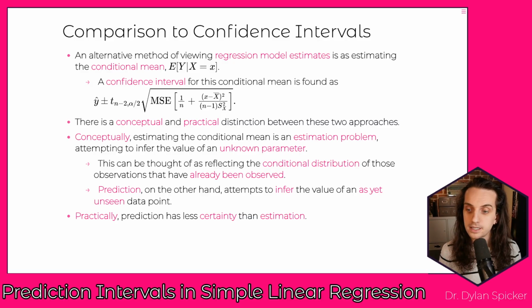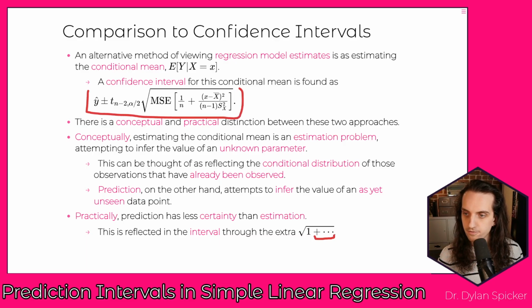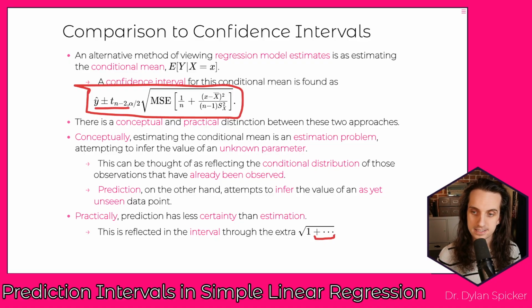Practically, there's going to be less certainty when we're doing prediction than when we're doing estimation. The way that we can see this is that in our prediction interval, we have this 1 plus term. What is the actual difference in the formula? The first component, y hat plus or minus this critical value, is exactly the same. The square root of MSE is still exactly the same. We also have this 1 over n plus (x minus x bar) squared, and so forth.